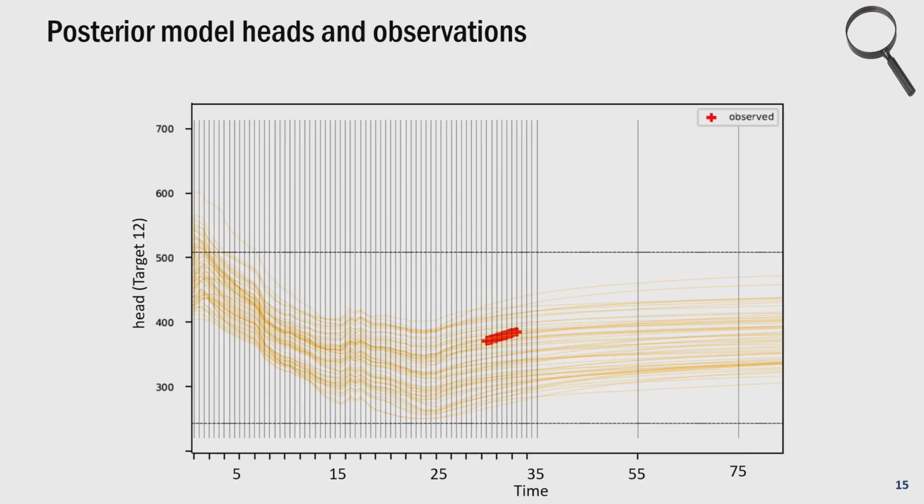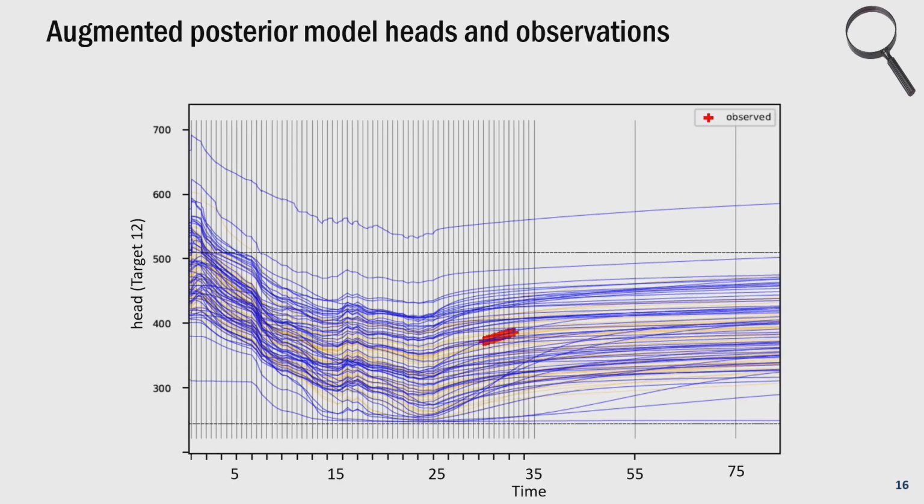This is an example of our original posterior, and these are all the observations, and we capture the trend of the data in our original posterior analysis. And then we impose our augmented posterior. We have a metric to reject this. It's rather similar, and we were not able to reject at this particular location.